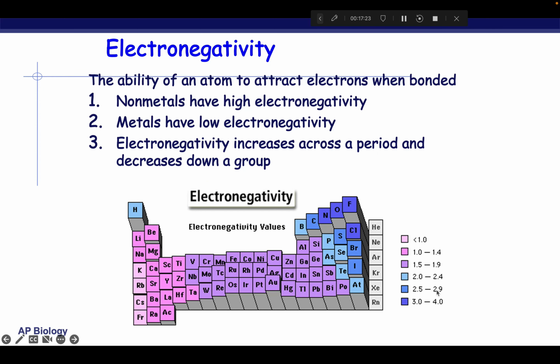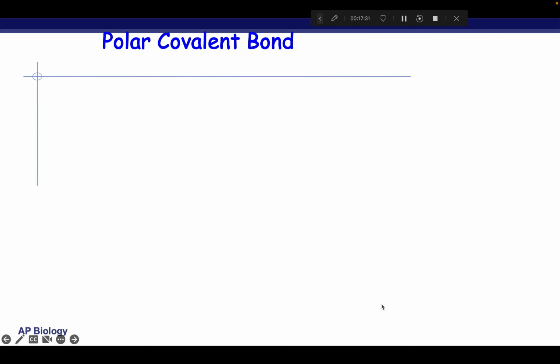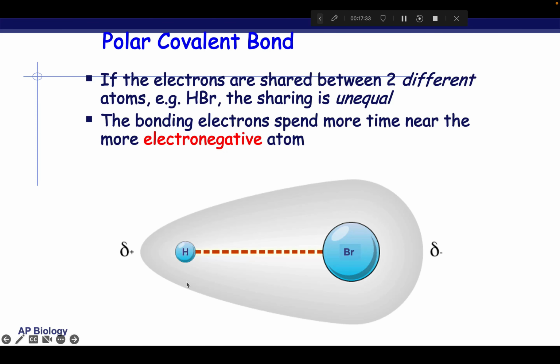It's 2.5 to 2.9, whereas hydrogen is closer to 2. Okay, so that means that bromine is able to pull on those electrons more strongly than hydrogen. And so the electrons tend to gravitate towards the bromine side of this bond.